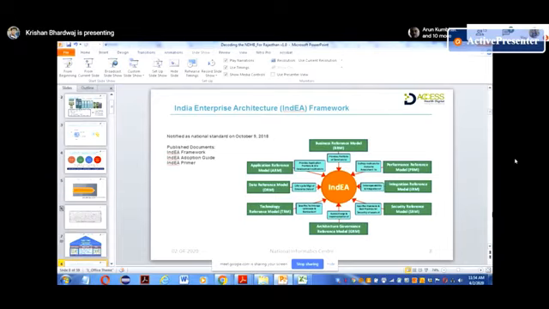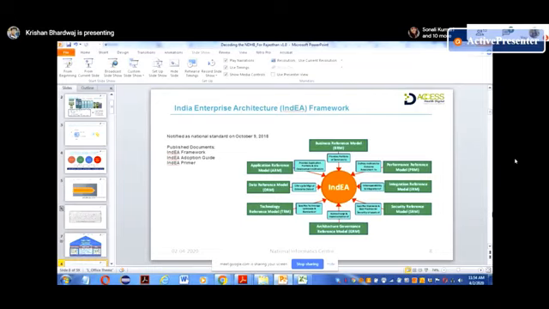So what India architecture did, it defined the reference models, different reference models, and it defined the basic principles which need to be followed when we are designing an IT, a digital system. So they defined business reference models in which stakeholders could be identified, governance layers could be defined, and requirements could be identified.